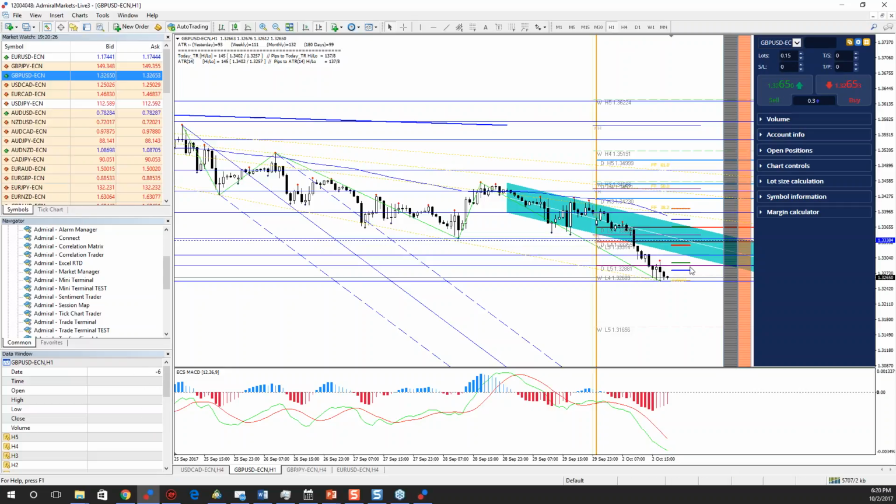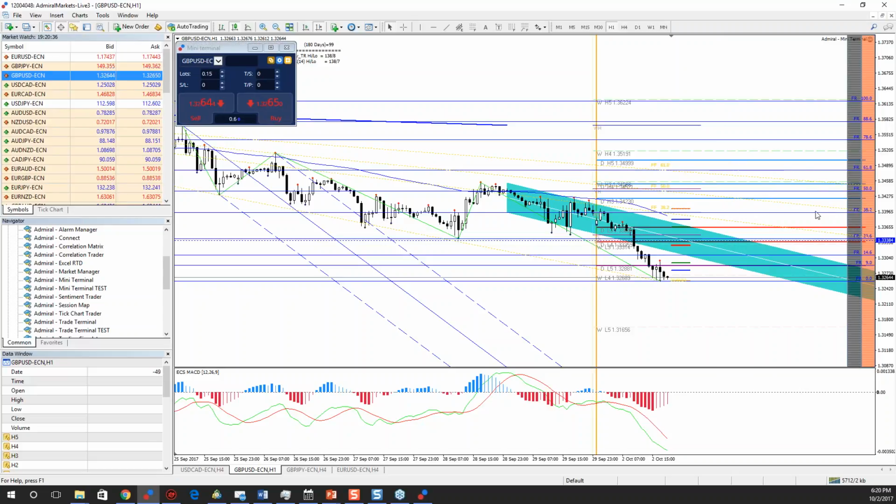Fib confluence here. Yes, of course. This is also a fib level here. Actually, I will make this easier for you. So this is 23.6, and 23.6 in strong trends is usually rejecting the price.